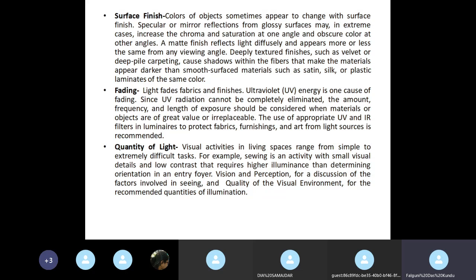For example, sewing is an activity with small visual detail and low contrast that requires higher illuminance than determining orientation in an entry foyer. See vision and perception for a discussion of the factors involved in seeing and the quality of the visual environment for the recommended quantity of illumination.